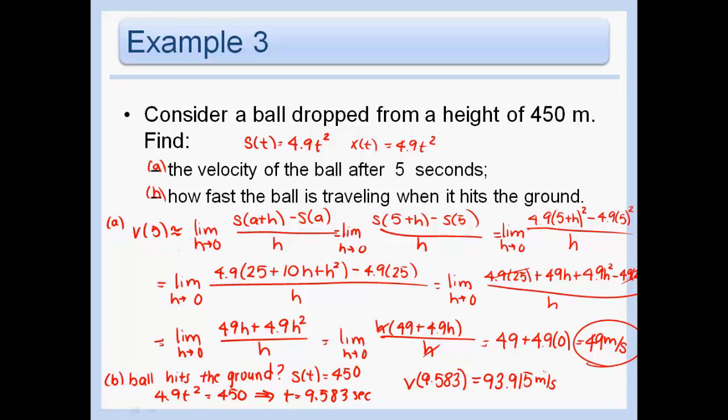You can do that for practice if you want to see if you get the same answer. Now, another way to do this would have been that you would have read A and B and seen that you needed the velocity after 5 seconds, and then you needed to find another velocity. So maybe you just wanted, in general, an equation for the velocity. So let's go ahead and try that really quickly together.